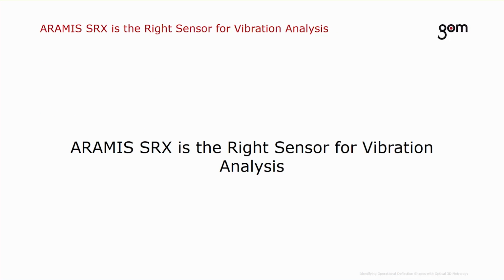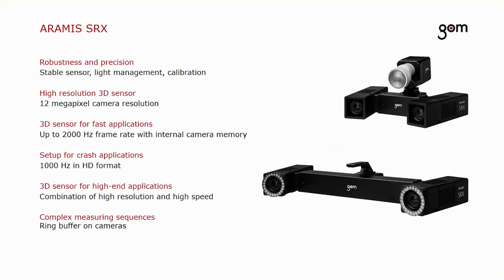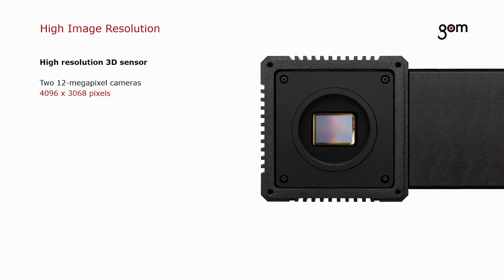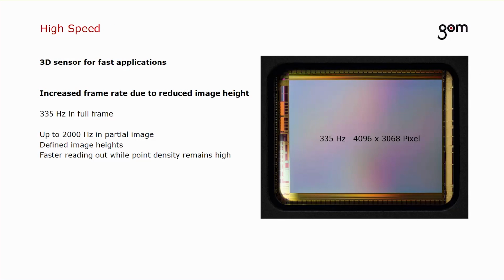We have seen 3 examples of using optical metrology. In all these examples, we used the Aramis SRX sensor for the measurement because this is exactly the right choice for vibration analysis. This sensor combines a high resolution of the camera chip with the possibility to have high image capturing frequencies, so you can go up to 335 Hertz with full resolution, and then you have the possibility to crop the image on the chip to increase your speed.